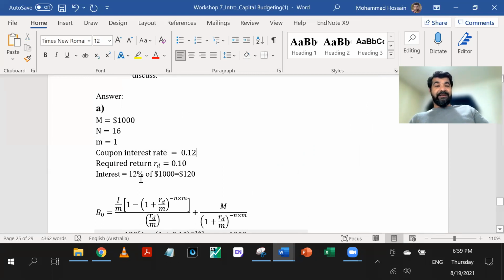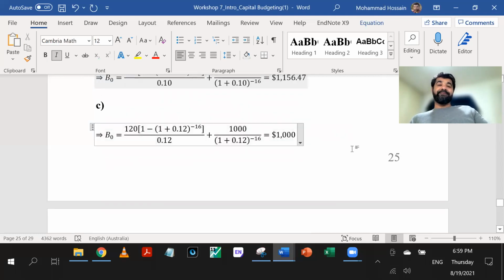Here there's a 12% required rate of return. When your coupon rate and required rate are the same, it means the par value and the face value will be the same.